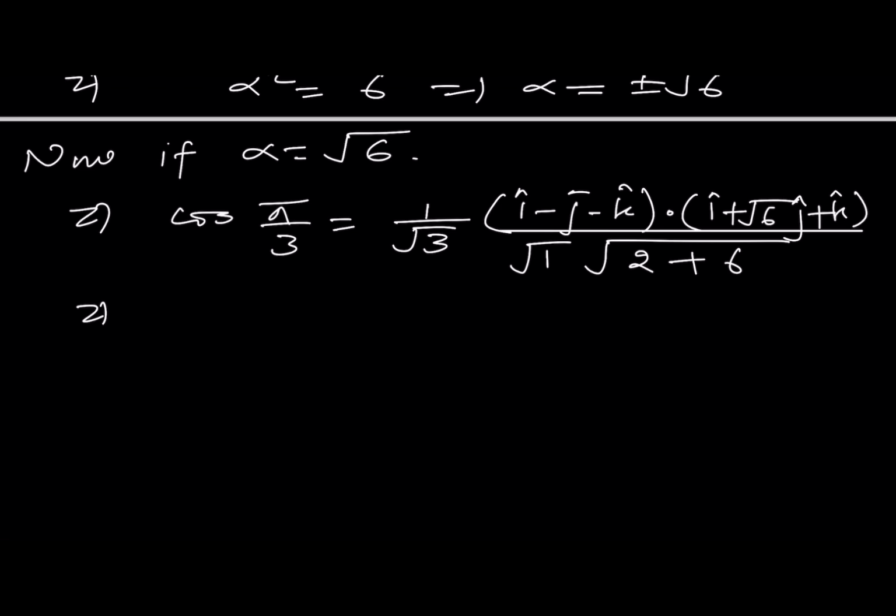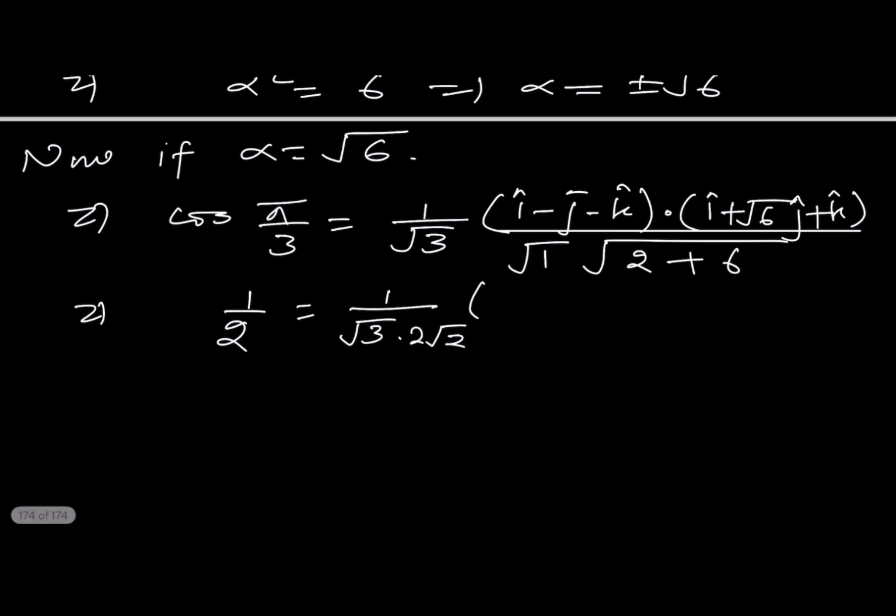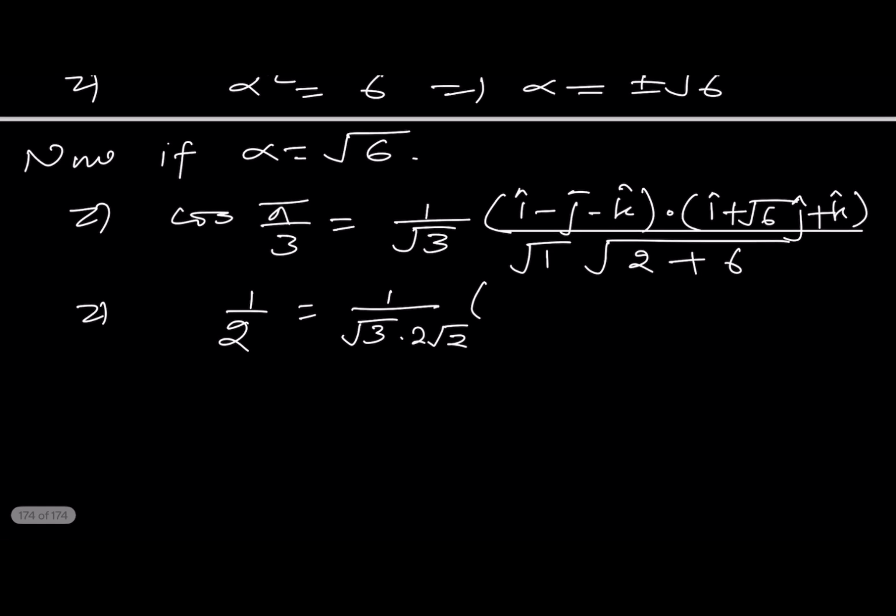Cos pi by 3, which is 1 by 2, is equal to 1 by root 3 into root 8, which is 2 root 2. And in the numerator it is 1 minus root 6 minus 1, right? So from here we are getting 1 is equal to minus 1, which is not true.